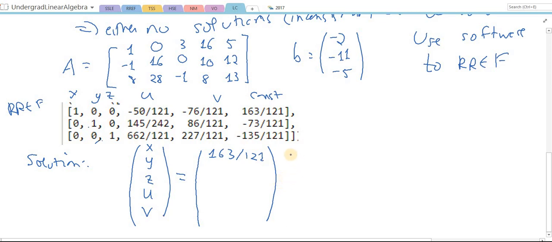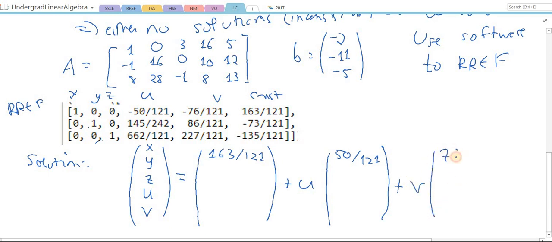And that's going to be the contribution from the constant vector. All right. Now, what about the u contribution? Well, here I had x plus minus 50 over 121u. If I bring that minus 50 over 121u to the other side, I'm going to get a u times plus 50 over 121. Similarly, here I have x minus 76 over 121v equals the constant term. If I bring that to the other side, I'm going to get a v times plus 76 over 121.